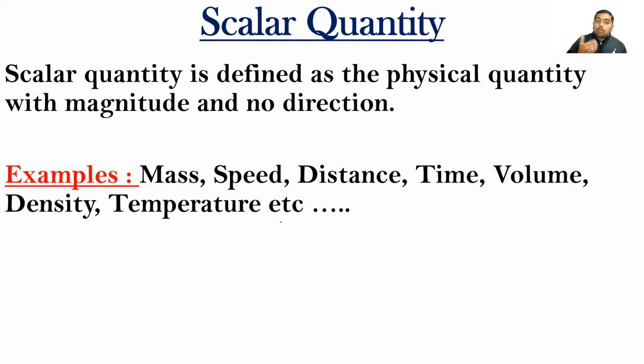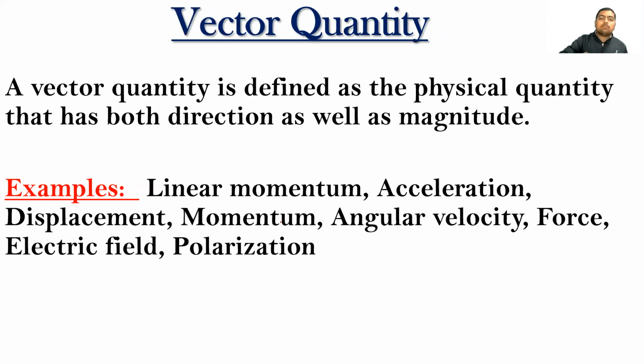But what about those quantities which need direction also? So those quantities which need both magnitude and direction are called vector quantities. Vector quantities are defined by magnitude and also need direction.